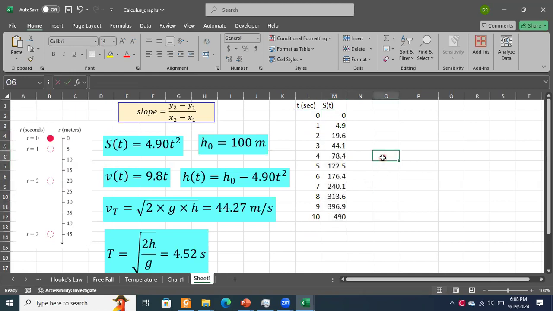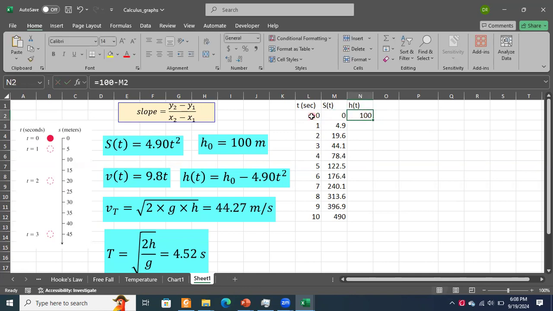And then the displacement value, as it was already at some height. So when s was 0, h was maximum. So they are complement to each other. So h will be equal to 100 minus the value of distance.